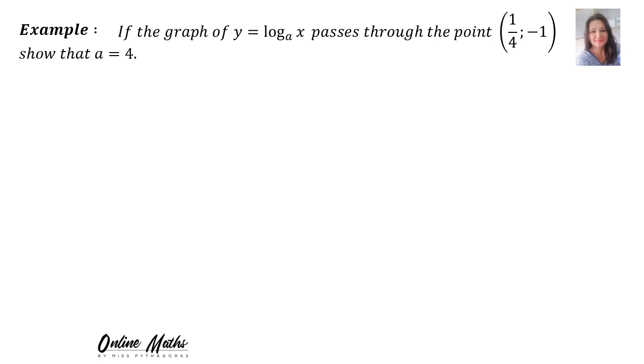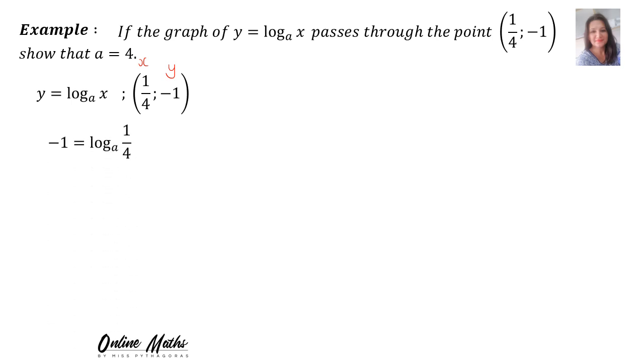Let's look at an example. If the graph of y is log ax passes through the point a quarter, minus 1, show that a is equal to 4. So we start with the equation y is log ax, and then the coordinate here consists of an x and a y. Now we substitute.